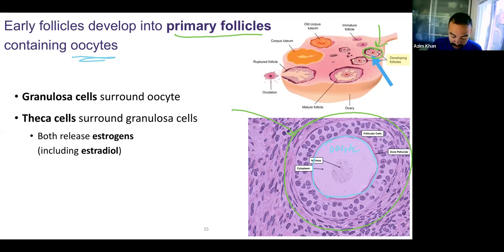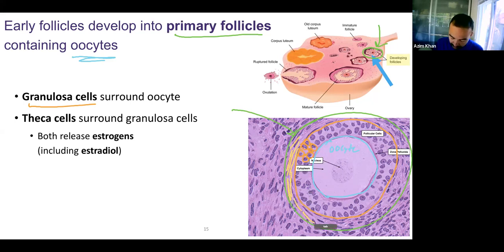Granulosa cells are directly surrounding it. I'm going to color this in orange. There's a lot of them, and I've colored 6 or 7 of them here. These are all granulosa cells. Granulosa cells are the ones that produce estradiol and also support the developing oocyte. Theca cells, which I'll color in yellow, are flatter.